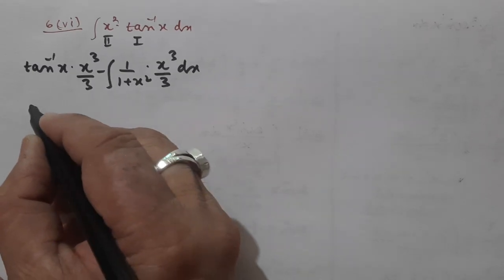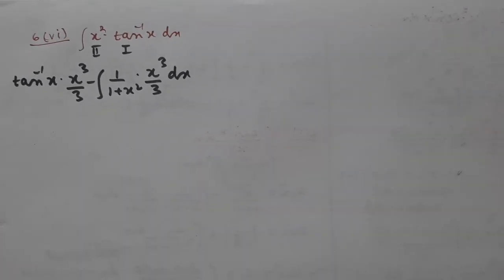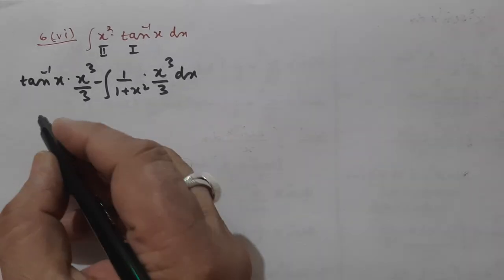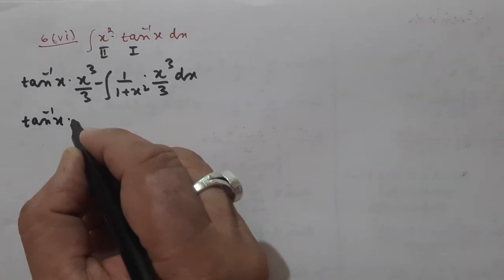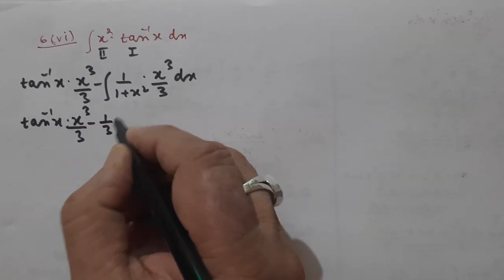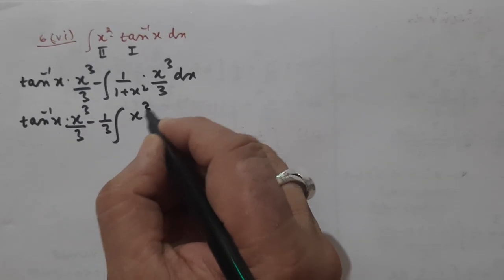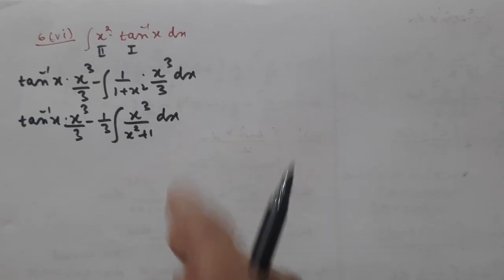So what we get, now what we get students, tangent inverse x, x cube upon 3 as it is, now 1 upon 3 outside and x cube upon x square plus 1 dx.